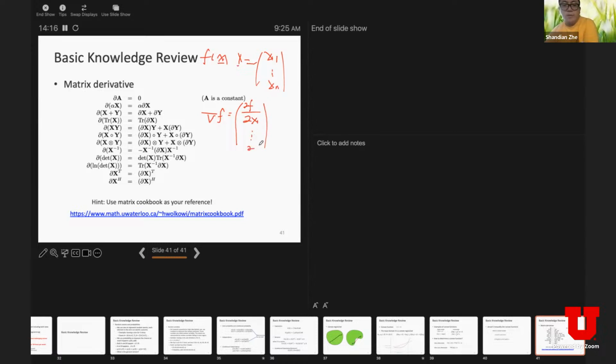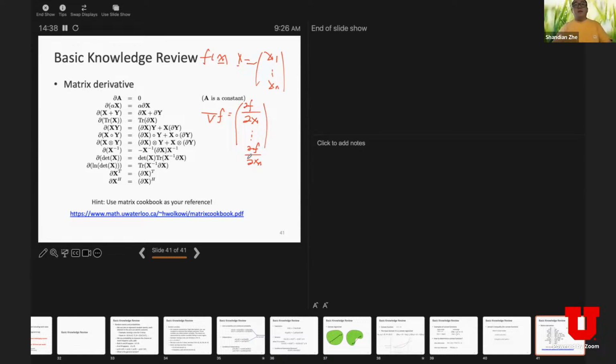Forgive my awkward drawing, but I just want to deliver the meaning. So you can just follow the very preliminary definition of the vector derivative, calculate that, and then form it.